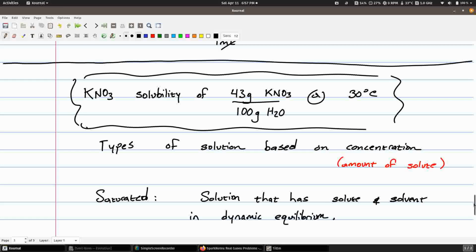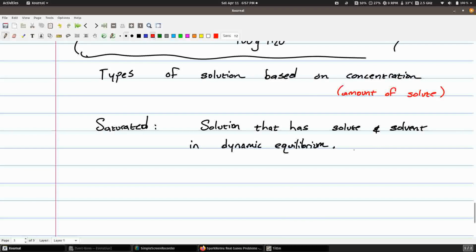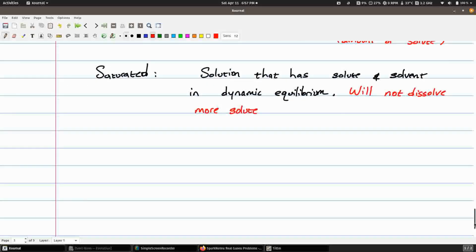So what that means is it will not dissolve more solute. It's saturated. So unsaturated is exactly what it sounds like.